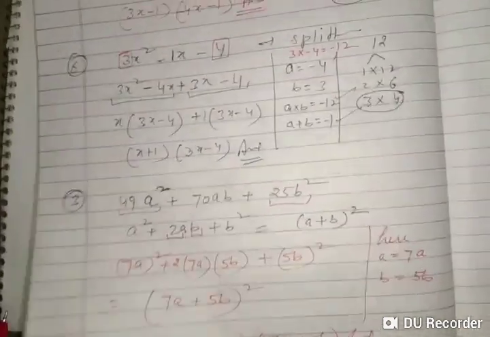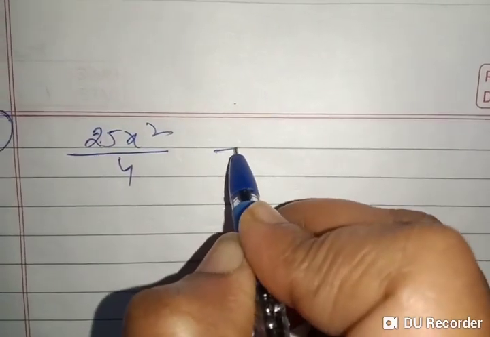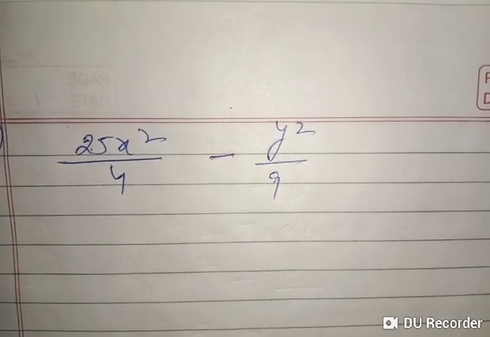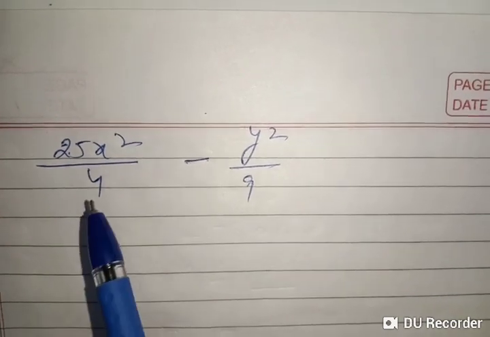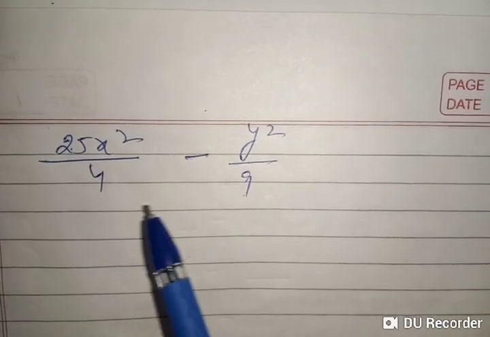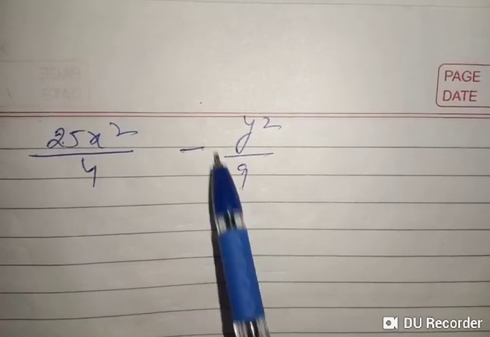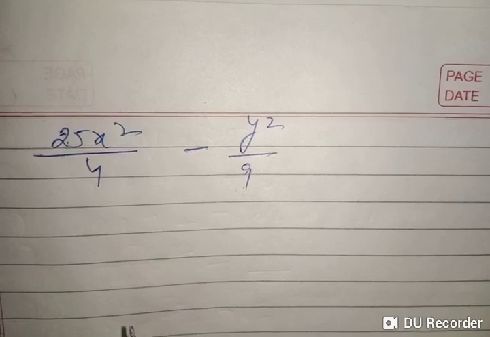One more example, which is the fourth one: 25x square upon 4 minus y square by 9. Again, see all the 4 identities. A plus b whole square, no, because there are 2 terms. A minus b whole square, no. Splitting the middle term, there is no middle term. So which identity is more suitable here?